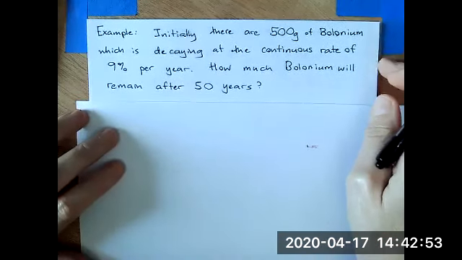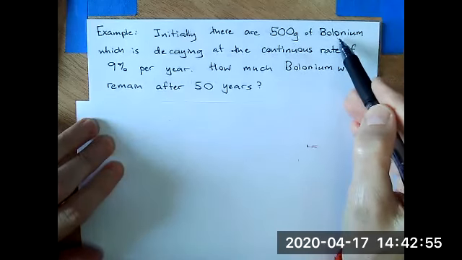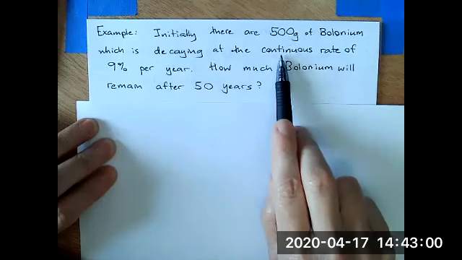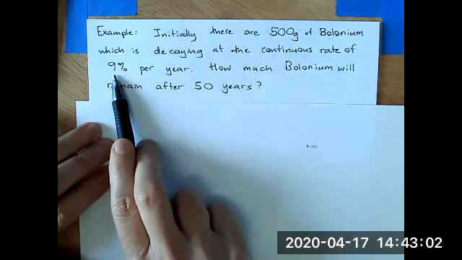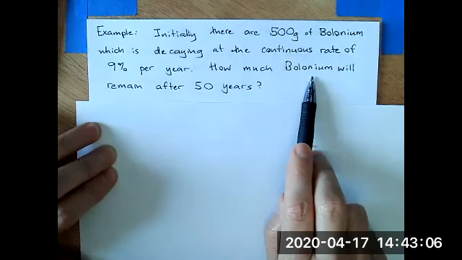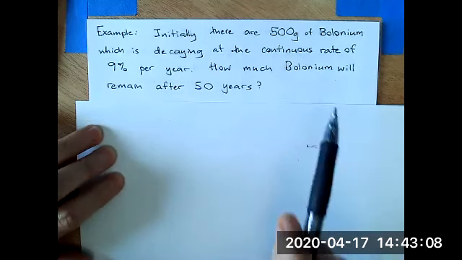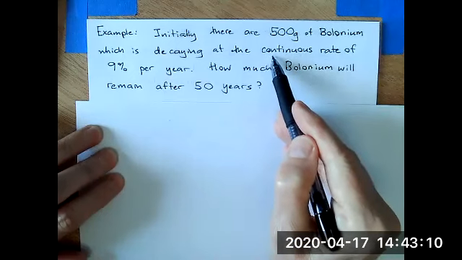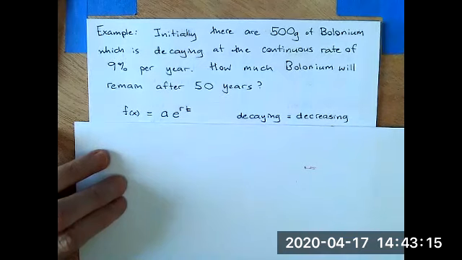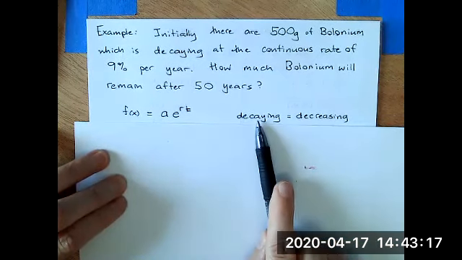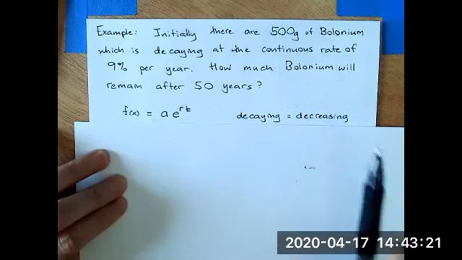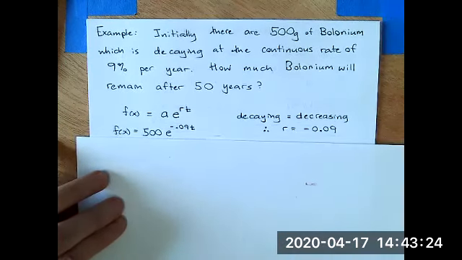Initially, there are 500 grams of the radioactive substance polonium, which is decaying at the continuous rate of 9% per year. How much polonium will remain after 50 years? Well, because the rate is given as a continuous rate, then we use the e form. Decaying is the same thing as decreasing, so the rate will be negative.